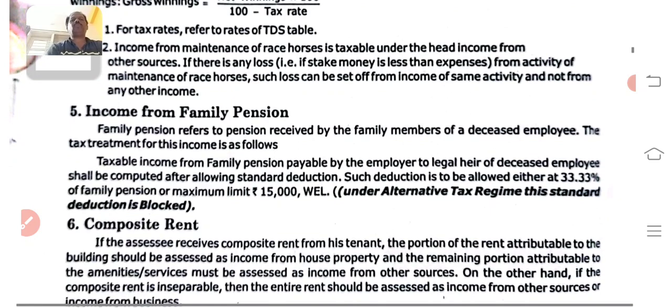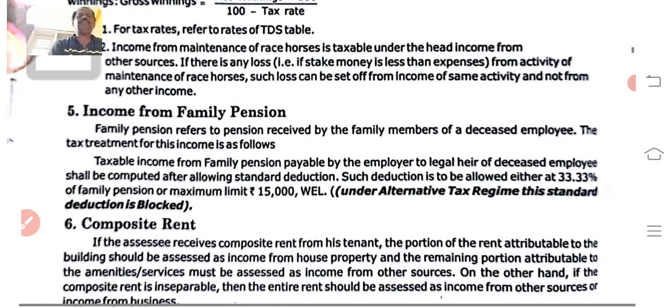What is the next point? Income from family pension. What is family pension? Family pension refers to pension received by the family members of a deceased employee. The tax treatment for this income is as follows.